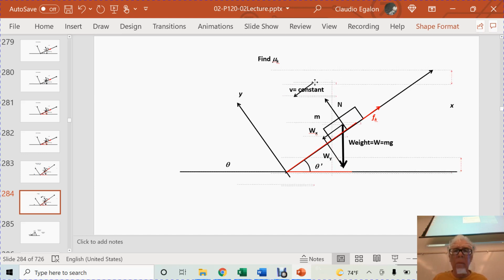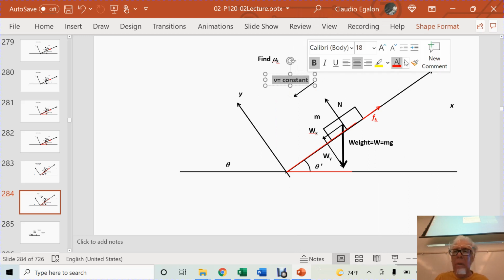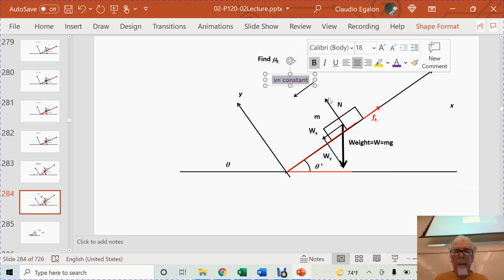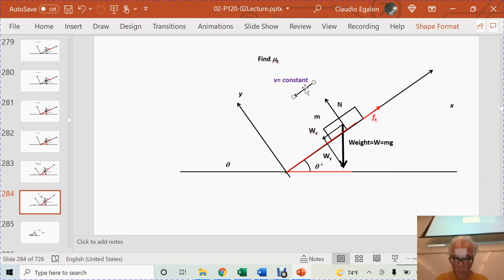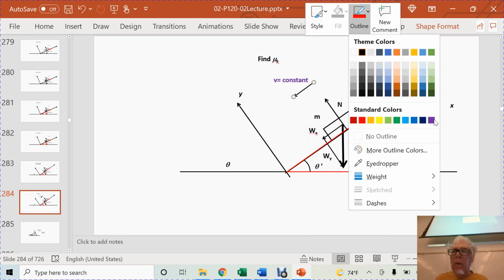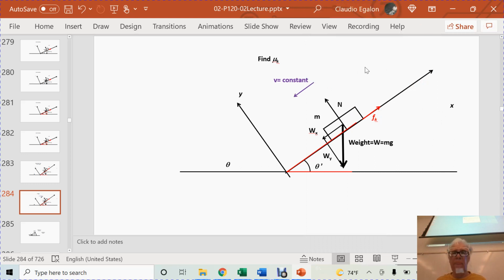I'm going to put the same color, so there is no doubt that the arrow is associated with constant velocity. The forces are going to be the same.